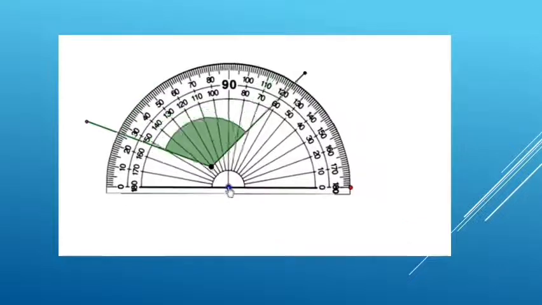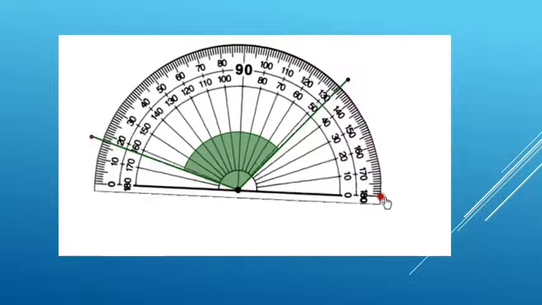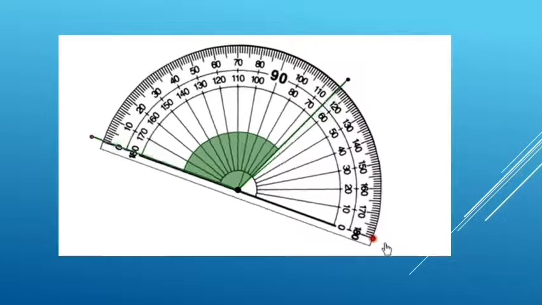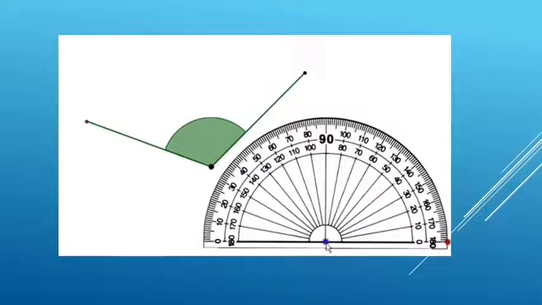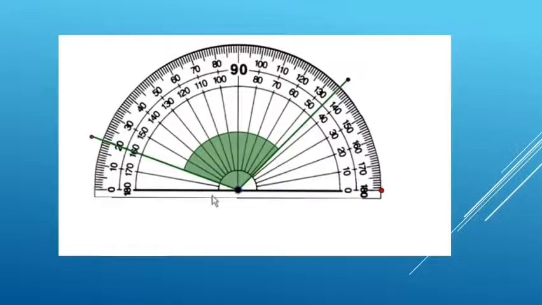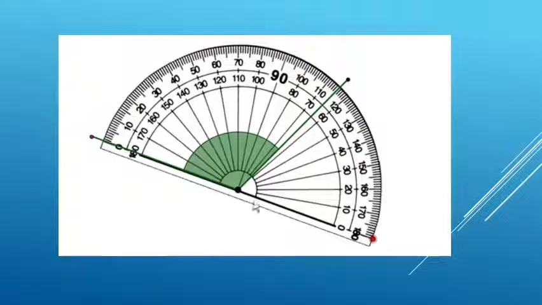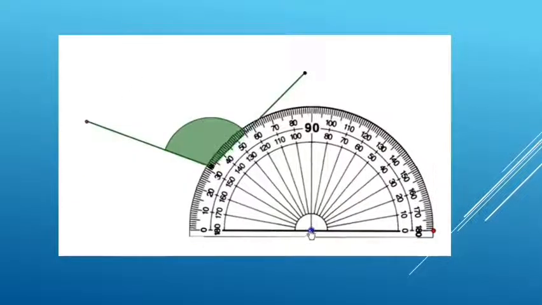Now here is a small short graphic where you can see how the D has been taken to the vertex, matched with the vertex, the center point and the vertex, and then the baseline is matched with ray 1 by tilting the D, and then finally counting the degrees from outer scale, and it is coming on 115 degree.